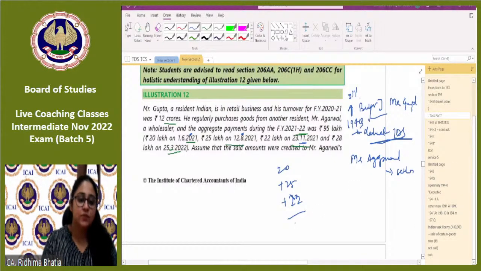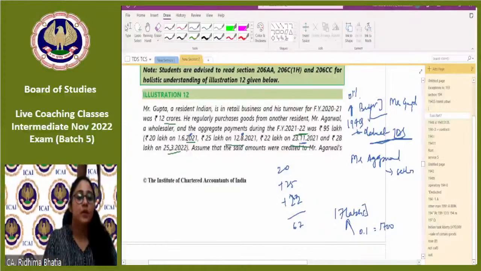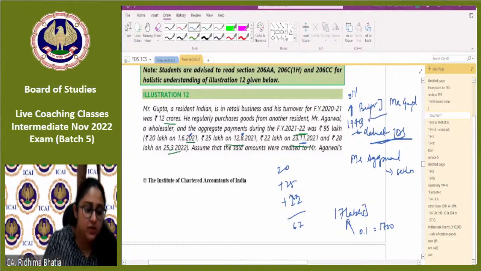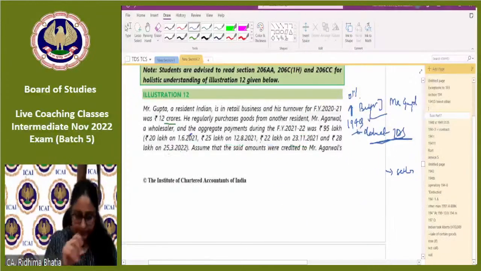So on excess, which is 17 lakhs, you will deduct the TDS at 0.1%, which will come to 1700. So while making the third payment of 22 lakhs, he will deduct the TDS of 1700. Correct? Yes or no?